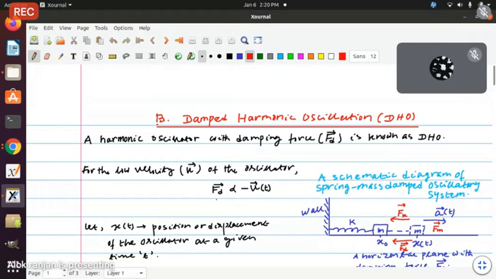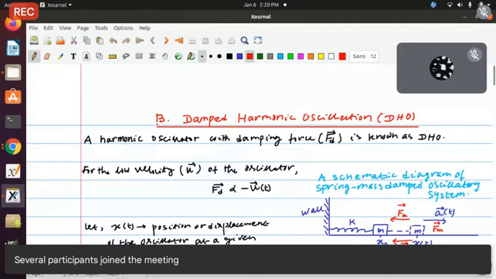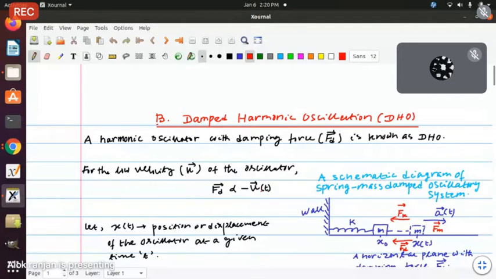The damping force, normally represented by F subscript D, is directly proportional to the velocity, whether you have frictional force, viscous force, or drag force.